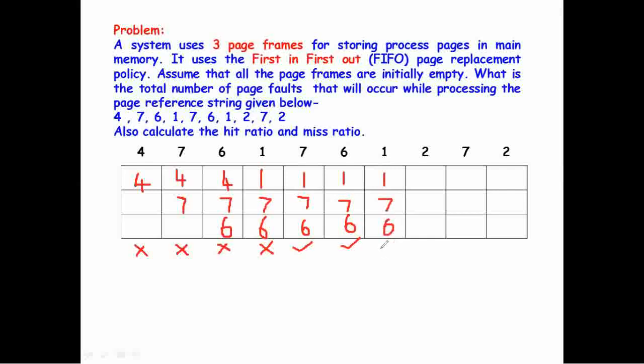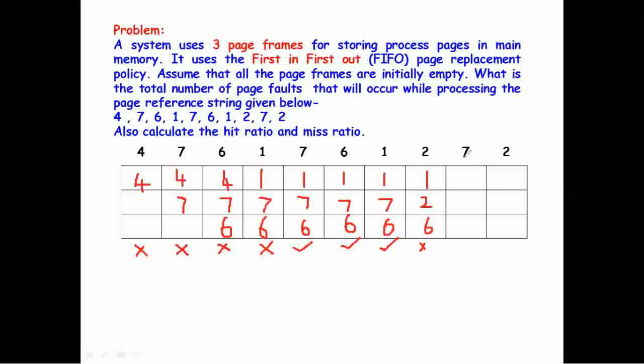So here also a page fault does not occur. 2 is not available, so a page fault will occur. Now 2 has to be brought in. So this will be replaced in the oldest frame. The oldest frame is 7. So at the place of 7, 2 will get in.